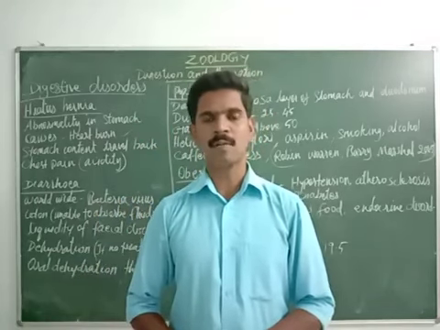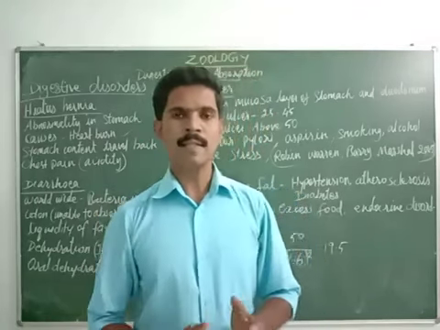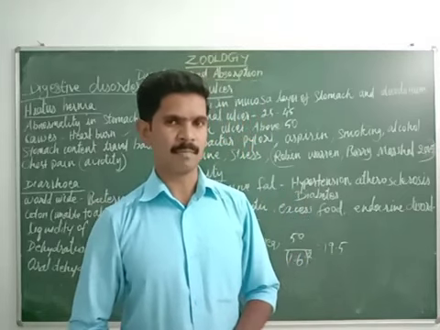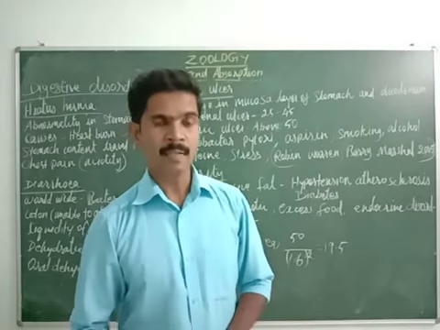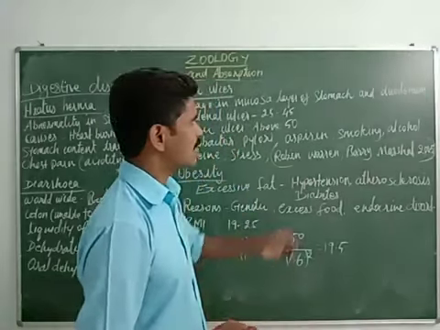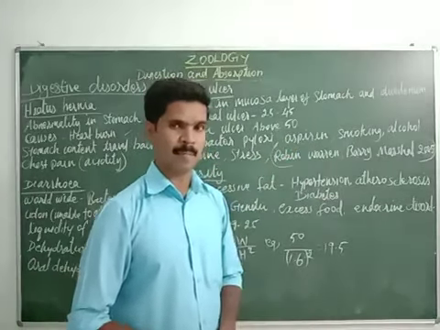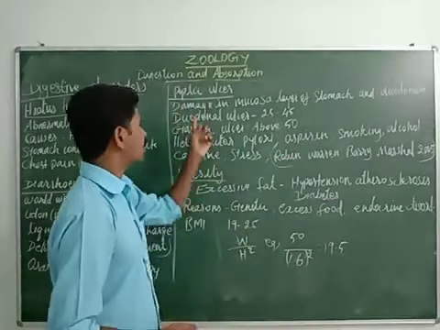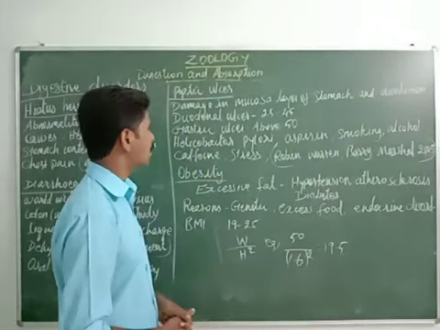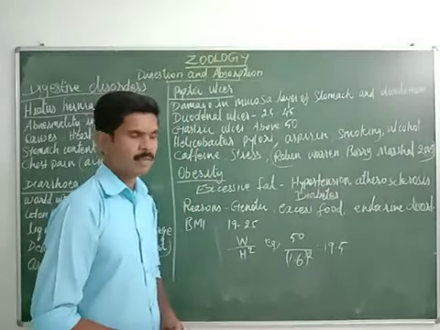The inner layer is called mucosa. The inner lining of the mucosa layer present in the stomach and duodenum is damaged, and it leads to a disease called peptic ulcer.